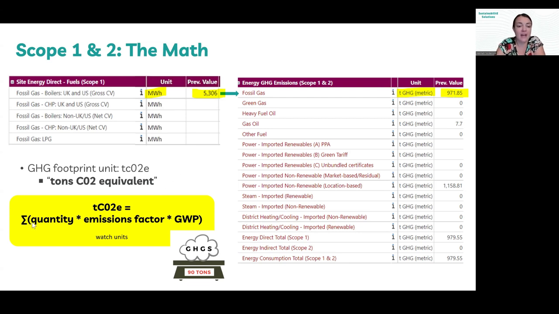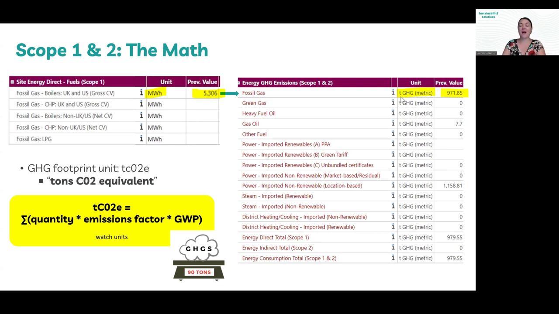The math behind that is you're basically taking the quantity of fuel, multiplying it by the emissions factor for each molecule and the global warming potential for each molecule. So you're creating ratios, and then you sum that all together for carbon dioxide, methane, and nitrous oxide, and that will give you your tons carbon dioxide equivalent.